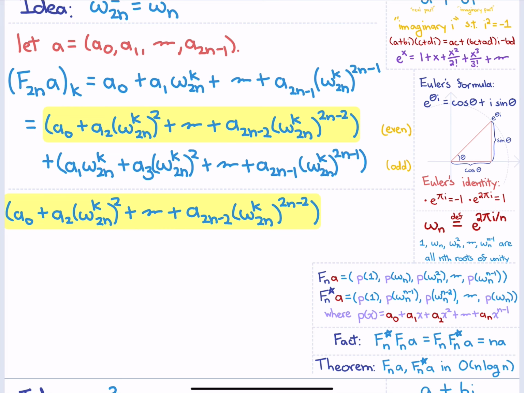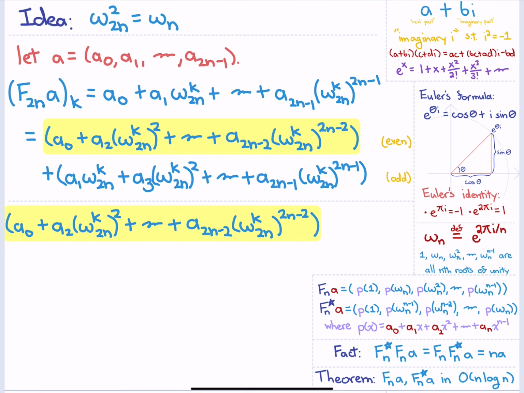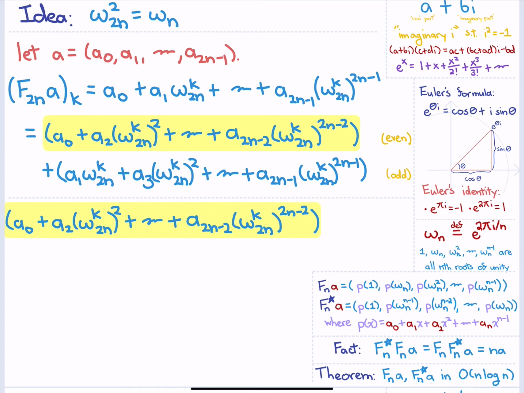How can I simplify this expression a little bit? At some level I can take this squared and use that to cancel out the 2 and the 2n.